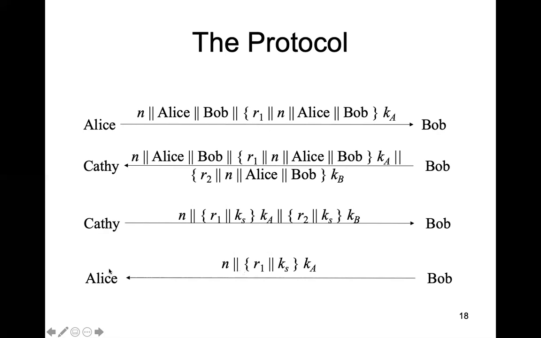At the end of this step, of course, Alice can decrypt this portion of the message and is able to determine that KS is the key that was used. The freshness guarantee is also there because R1 and R2 were fresh challenges that Alice as well as Bob generated to Kathy, and Kathy has responded to those challenges. So this key KS is in response to the fresh challenge from Alice and the fresh challenge from Bob.